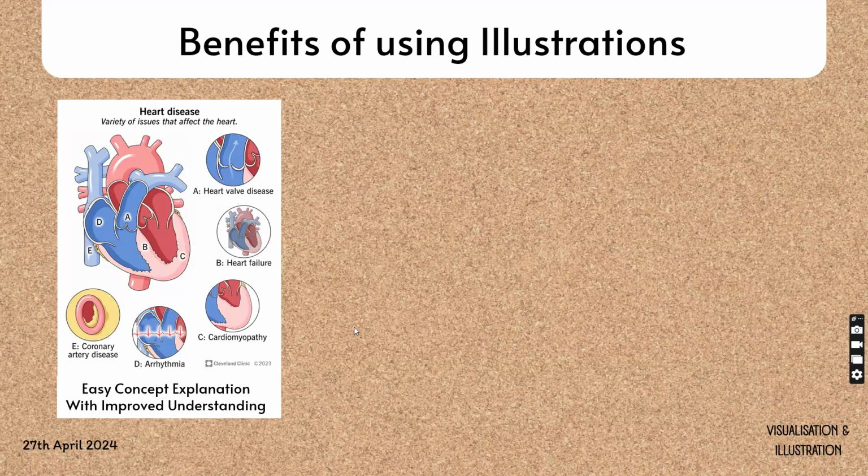So, complicated things are easy to explain with improved understanding of the subject. Like here, the coronary artery disease, where clogging of arteries is shown with fat.